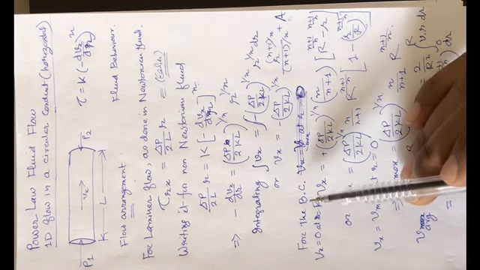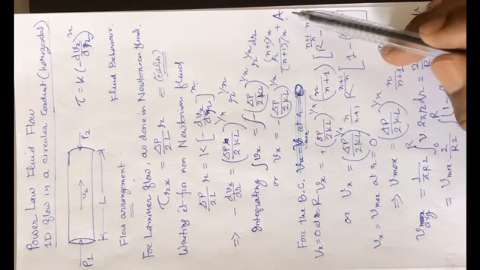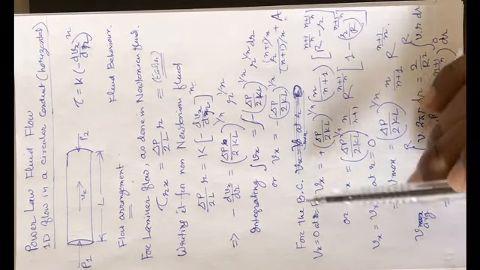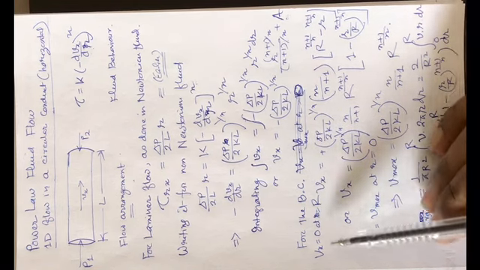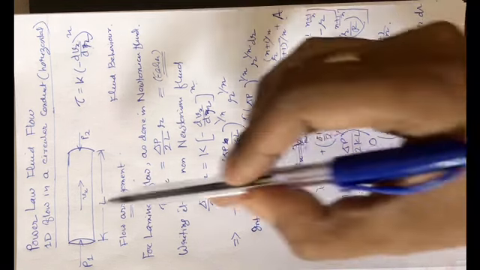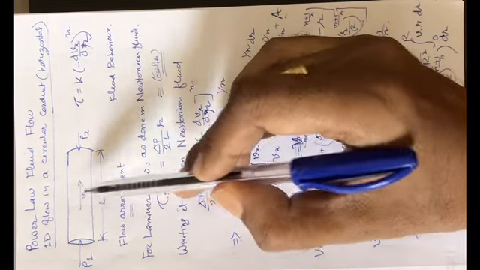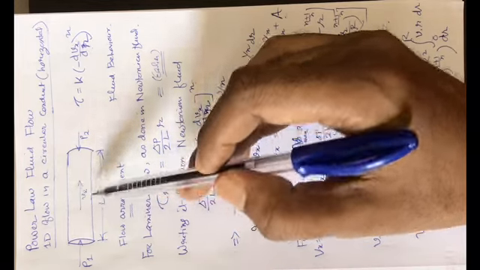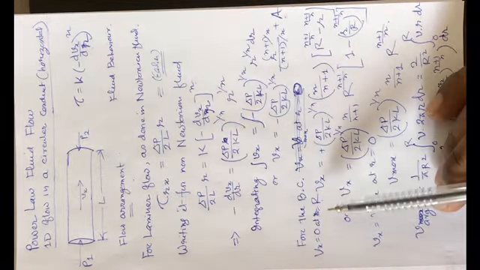Now we have to talk about the boundary conditions. Here we have a constant of integration, which we can eliminate by the application of a boundary condition. Vx is equal to 0 at r is equal to capital R, that is, at the interface with the solid surface the velocity is 0.